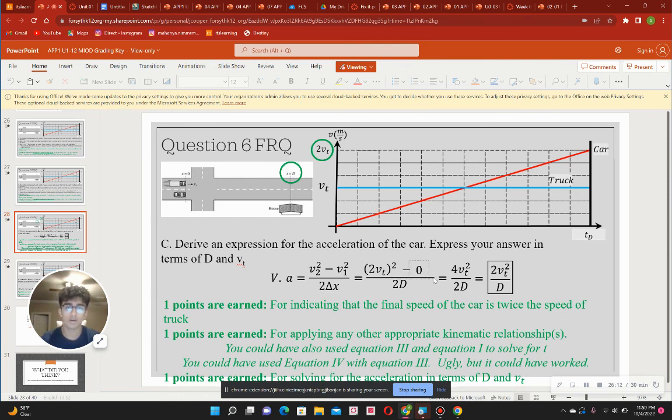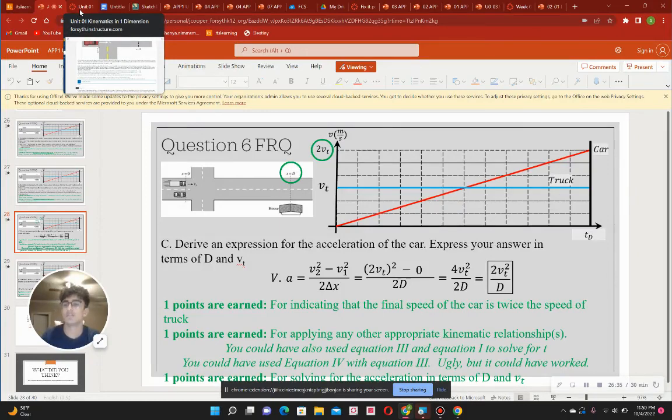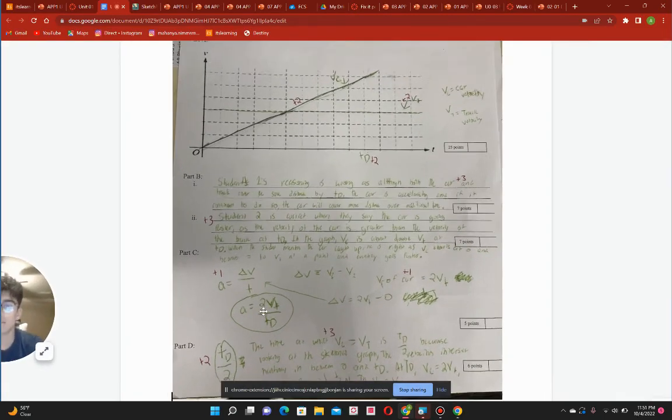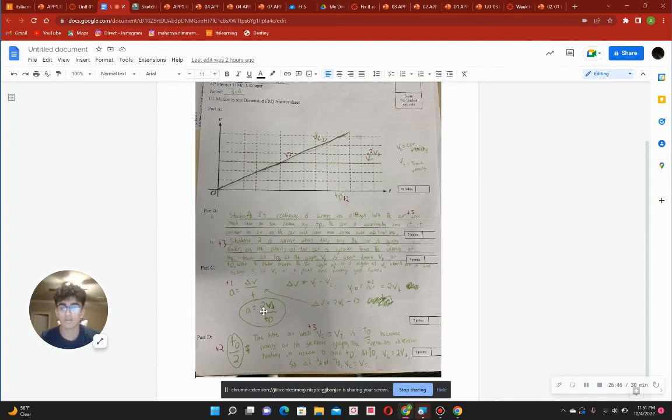And by doing so, we know that the velocity of the car is just 2vt, and then you plug that in, the initial velocity is 0, all over 2 times the change in x, which was d. So it kind of speaks for itself. It was a really stupid mistake. Instead of using a kinematic equation, I just kind of tried to use logic. It didn't really work out in my favor. And that's why I didn't get the point over here. So 1 point was taken out from there. And then my part D was good. So yeah, I think that is my test.